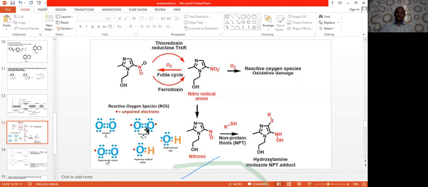These reactive oxygen species are produced from the metronidazole by pyridoxine, and these reactive species can damage the DNA.